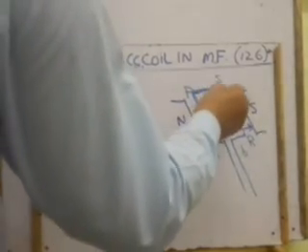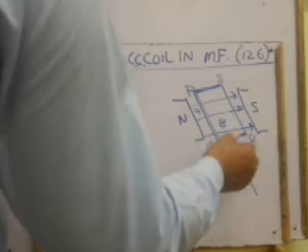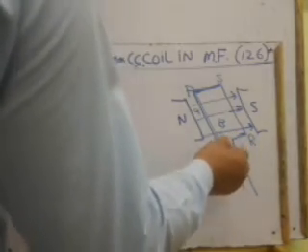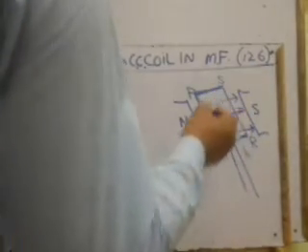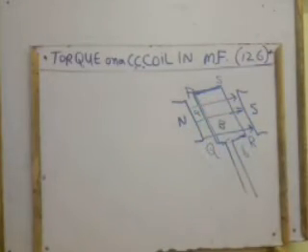These two sides experience a force, but the coil is not actually compressed. The forces try to compress the coil, but as the coil is rigid, they cannot do so.